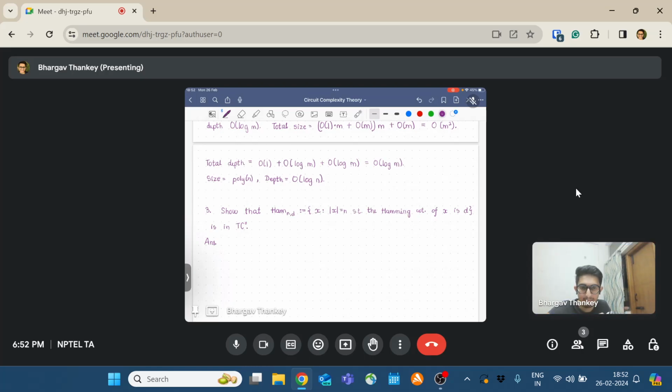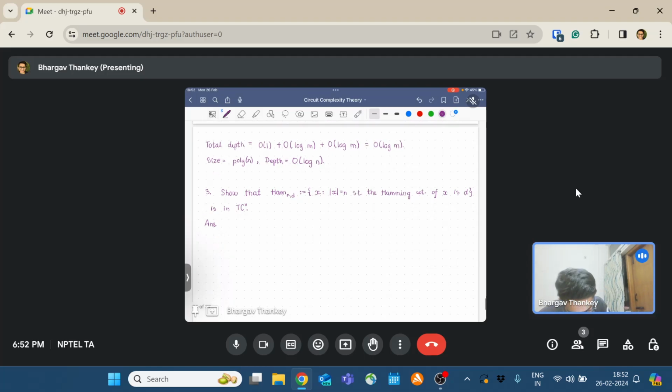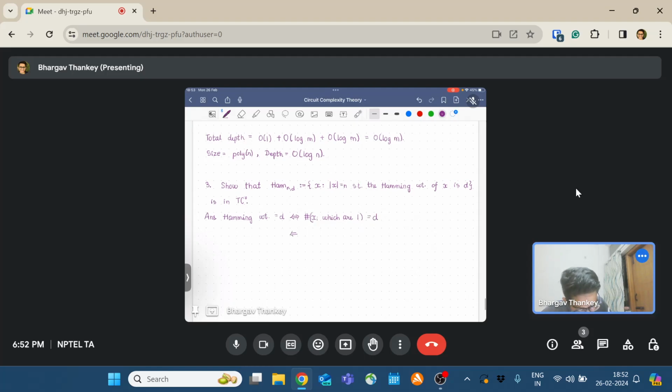I think this function can be thought of in terms of threshold. Can you tell me how you would think of this in terms of threshold? In the meantime, let me write this. The number of bits which are one is exactly d, which is the same as the sum over i of xi equals d.